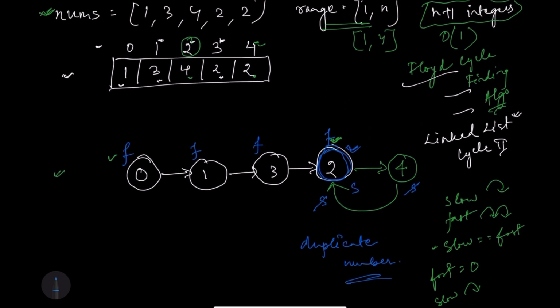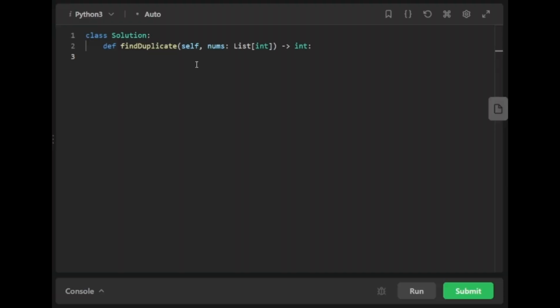So let's try and code this and put more sense into it. The first way we discussed was a hash map, so we would do that.